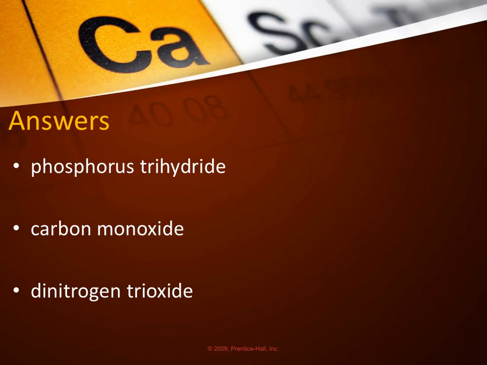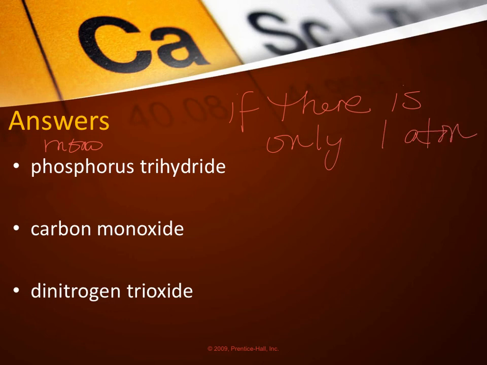How did you do? Did you get them right? Now, there's a little obscure rule that you need to know. You might say, why wasn't this monophosphorus trihydride? If there is only one atom of the first element in a covalent compound, leave mono off.